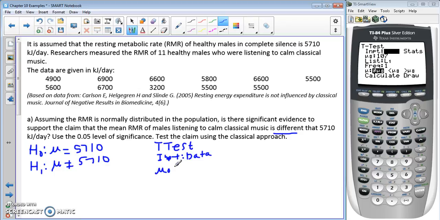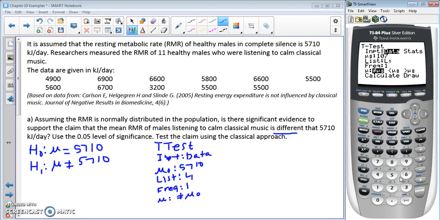Mu naught is going to be 5,710. Our list is L1 or wherever you put your data. Our frequency is going to be 1, and then mu is going to be not equal to mu naught, and then press calculate.